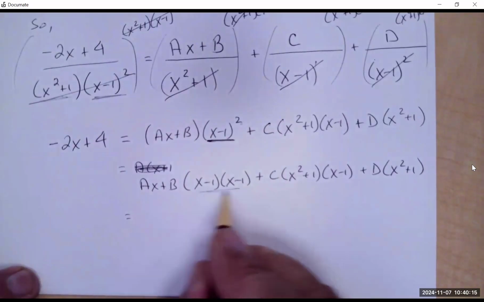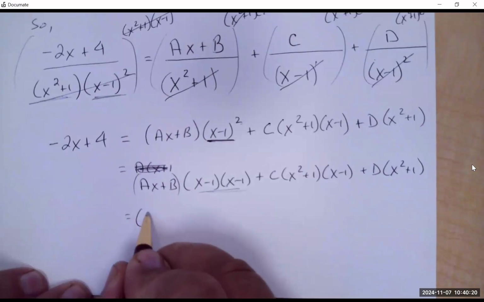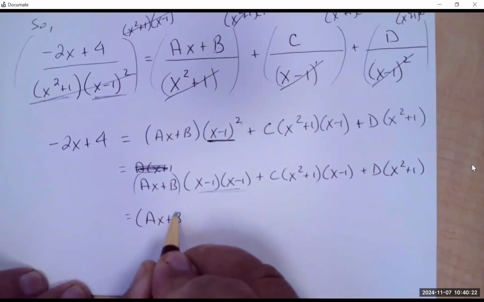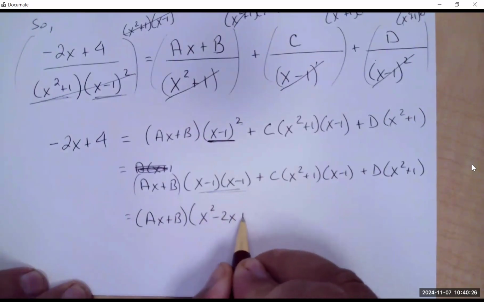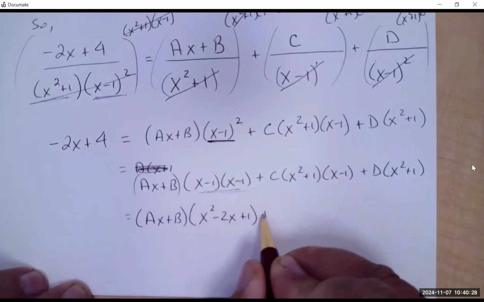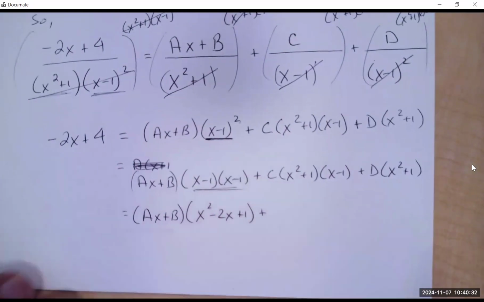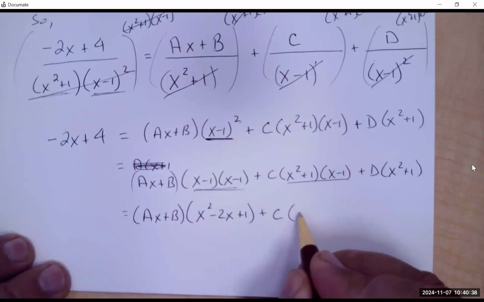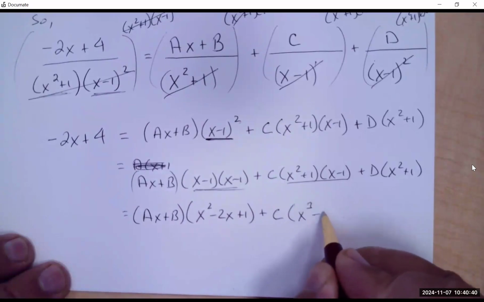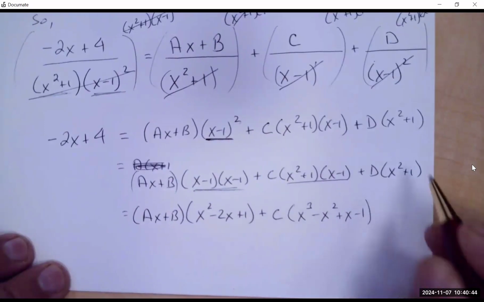So we have to FOIL these out first. So we have ax plus b times x squared minus 2x plus 1. FOIL these out. Hopefully by now you got that. And then we have to FOIL these together. It was x cubed minus x squared plus x minus 1.